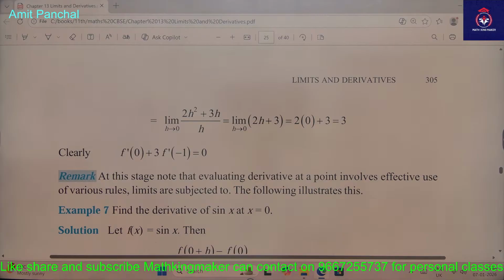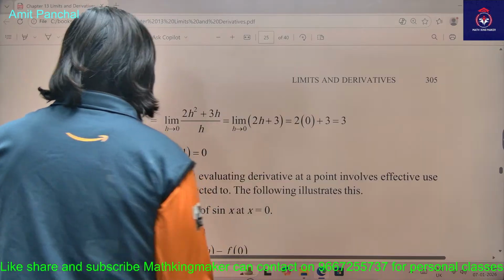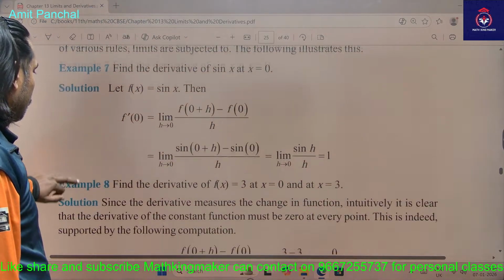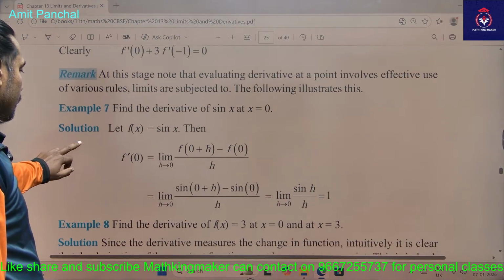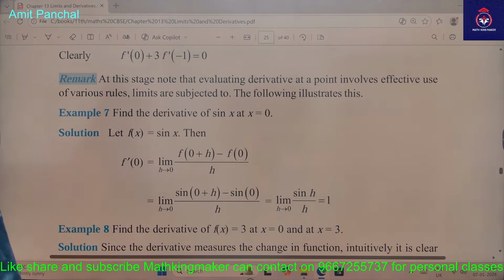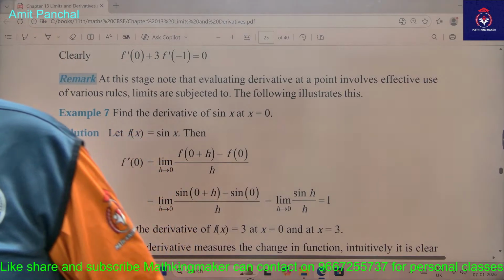Sir, is it 1? Yeah, it is 1. Good. Now find the derivative of f(x) equal to 3 at x equal to 0 and x equal to 3.